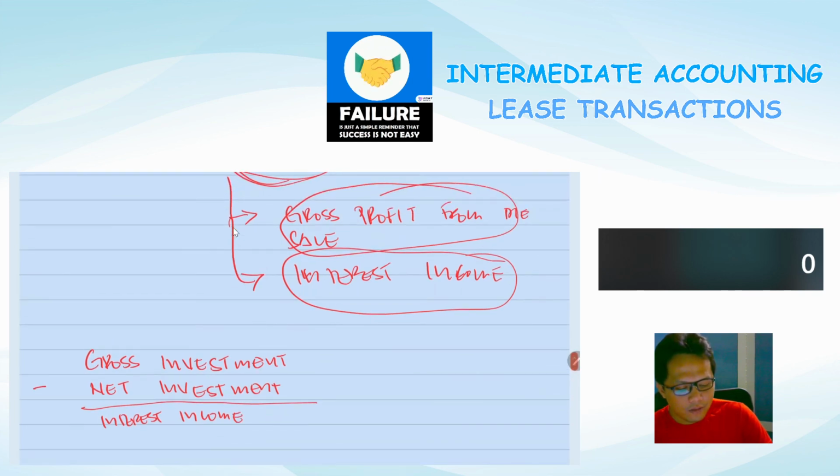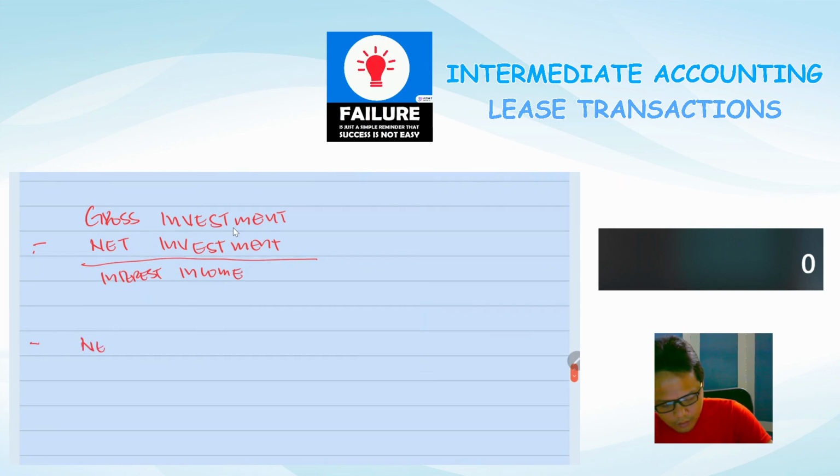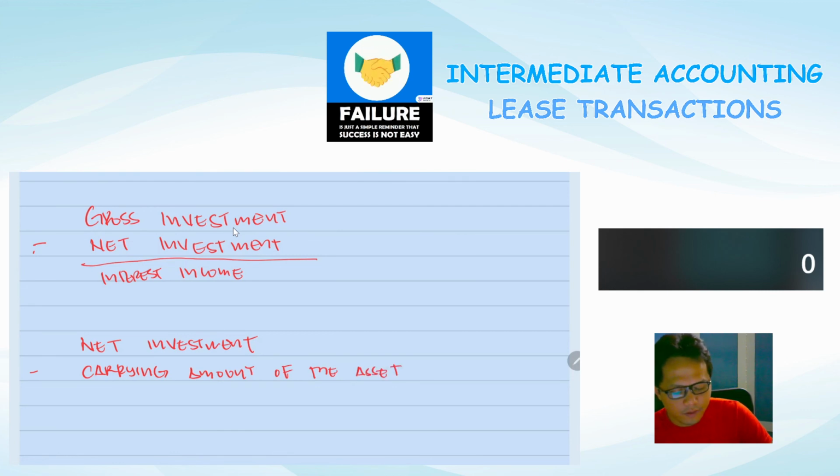Your gross profit, if it is a sales type lease, that is computed as net investment in the lease less the cost, or not cost, to be specific, carrying amount of the asset or yung subject of the lease.